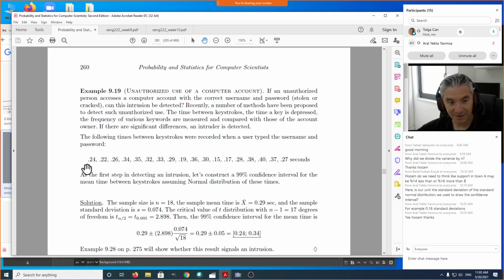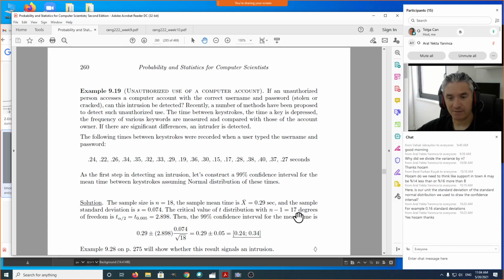The sample standard deviation is the standard deviation of the individual data points. The critical value of the t distribution: the sample size is 18, so n minus 1 is 17 degrees of freedom. For alpha over 2, alpha here is 0.01, divided by 2 you get 0.005.